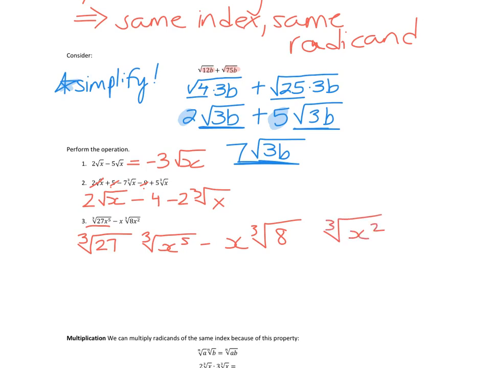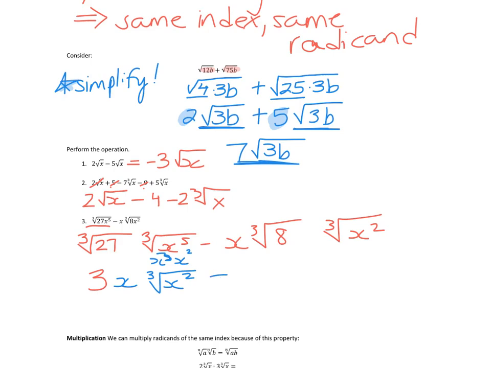And then the cube root of 27 is 3. Let's see, x to the 5th, if you wanted to do a little bit of work, would be x cubed times x squared. And now the cube root of x cubed is x, and we're left with the cube root of x squared.